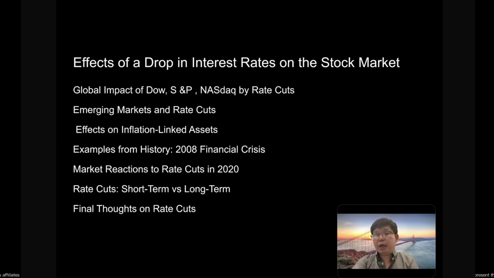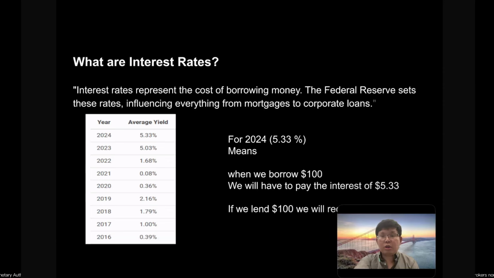What will happen? Other things we have are the Dow, S&P, emerging markets, then some of the inflationary linked assets. We will go through some case studies on 2008, which is the rate cut ten years ago, and 2020 due to COVID. And long term versus short term, and some final thoughts on rate cuts.